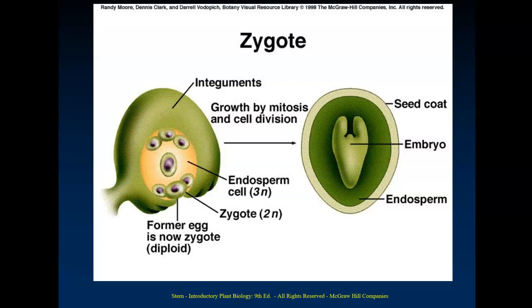Those antipodals that are at the other end and the two synergids at the bottom, again, they just disintegrate and they don't become anything. Eventually, if somebody hands you a seed or you're looking at a seed, this is what you have. You have the seed coat, the embryo in the center, and all surrounded by endosperm. And so I think that's kind of interesting how all these different pieces and parts come to be.